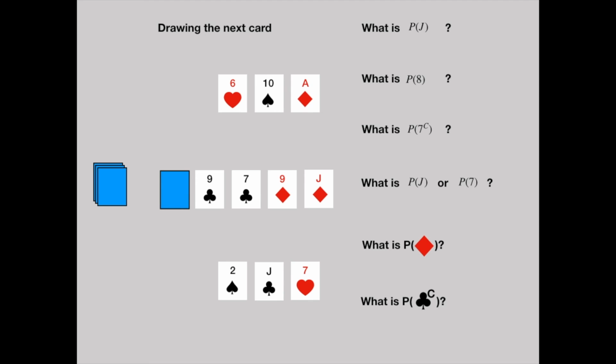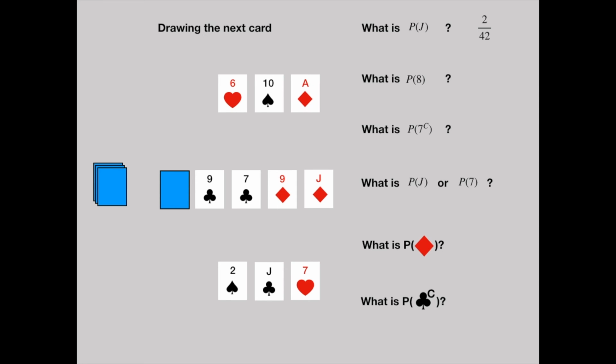What is the probability of getting a jack? We see that there are 2 jacks on the table, 2 jacks faced up. That means in the pile, there are 2 jacks. So the probability of getting a jack is 2 over 42.